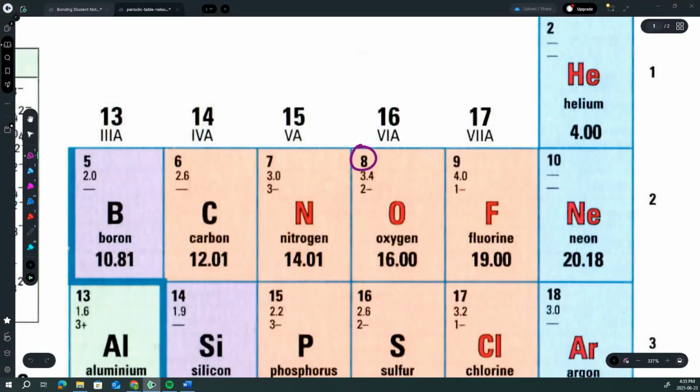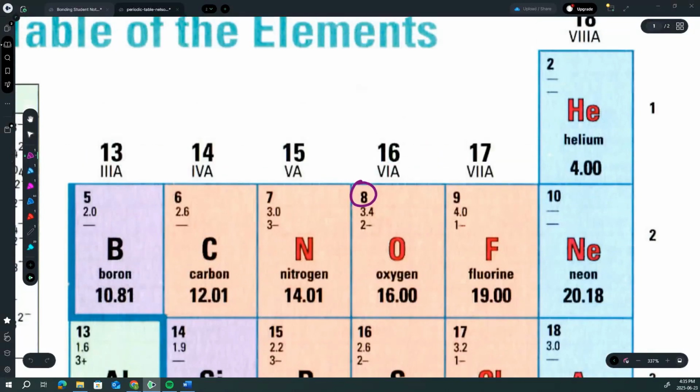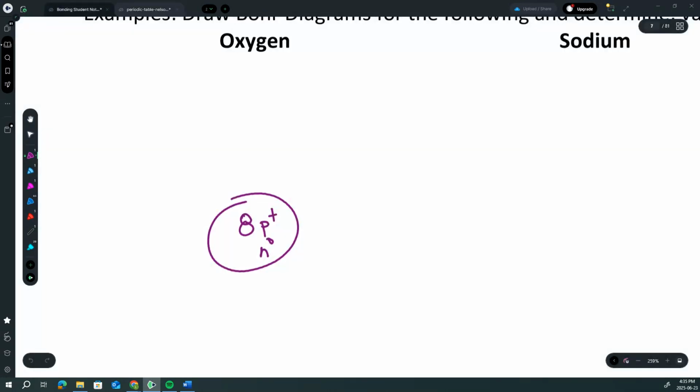We take our atomic mass, which is 16, and subtract our atomic number. So 16 minus 8 gives us 8 neutrons. Let's try and draw a circle there. So I'm going to write 8 neutrons.